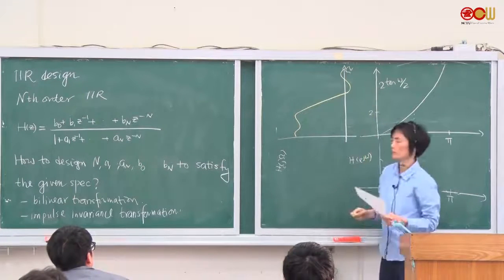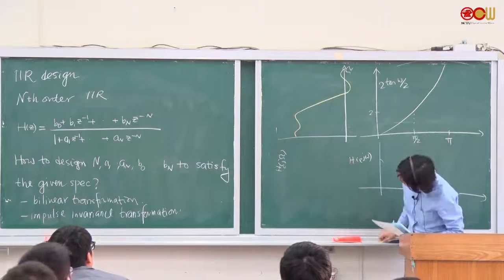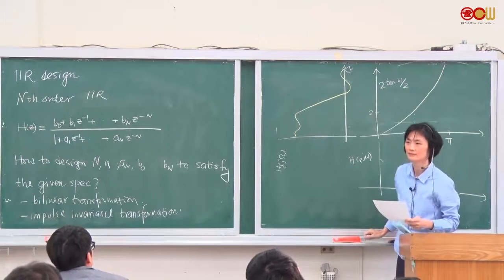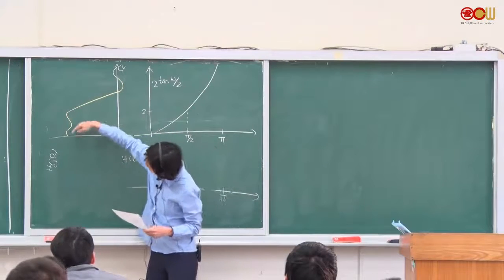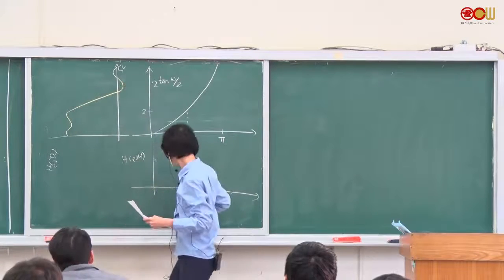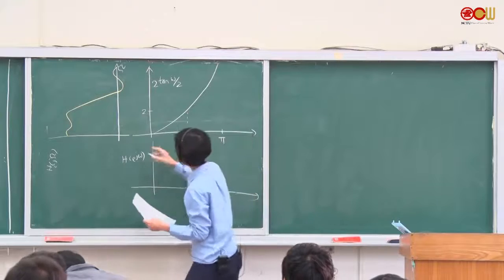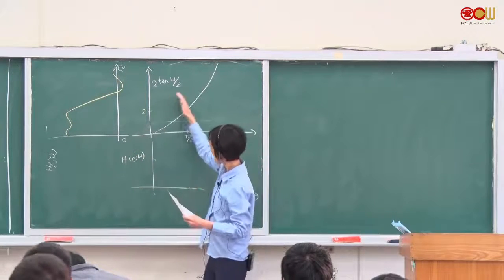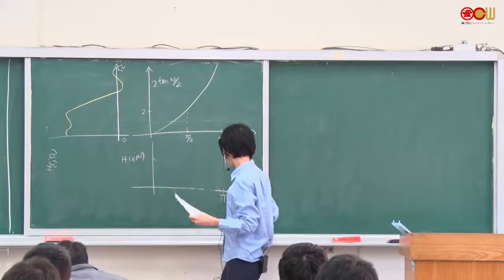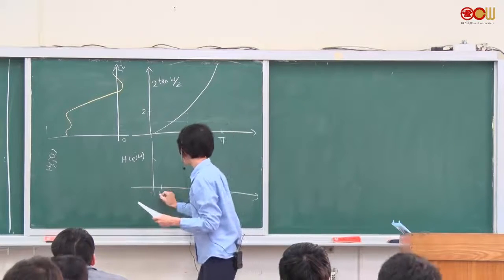That's H_C(jΩ). You have to kind of look like this to make it right. The filter looks like this, from 0 to infinity. That's the filter.